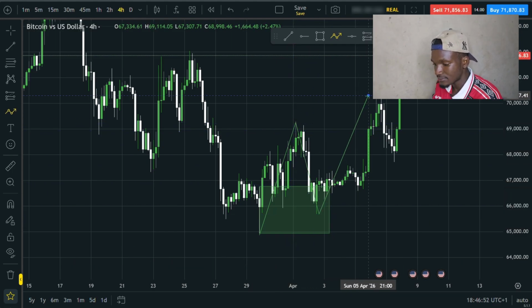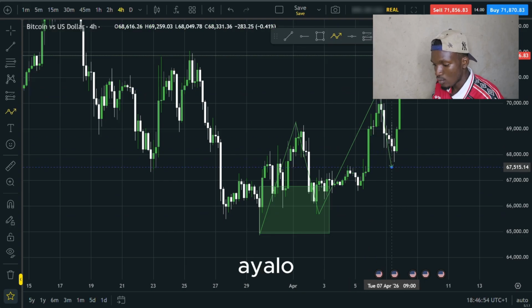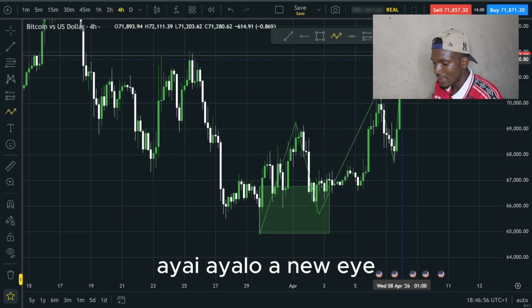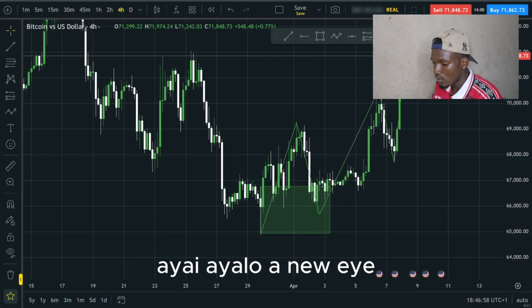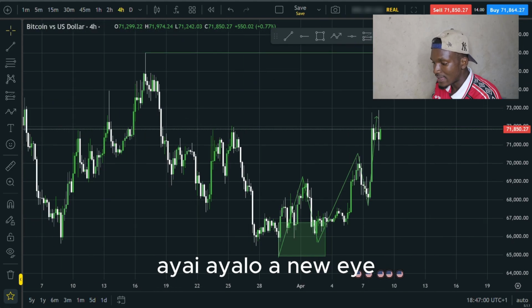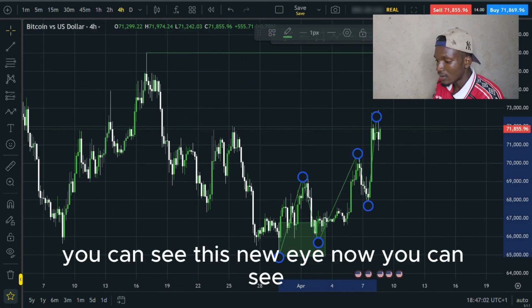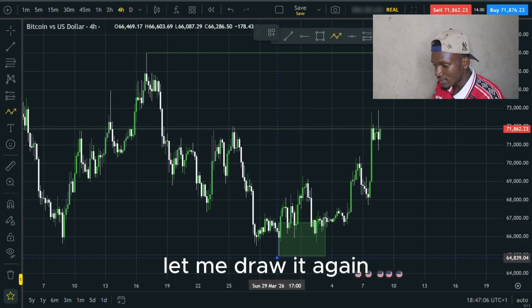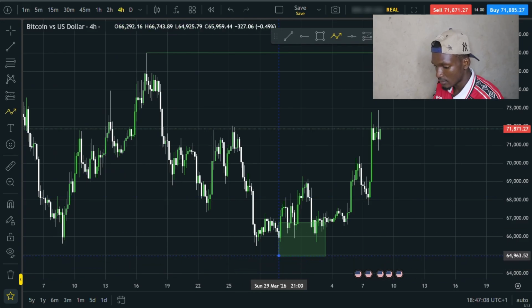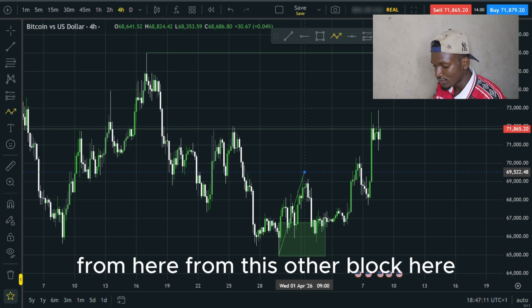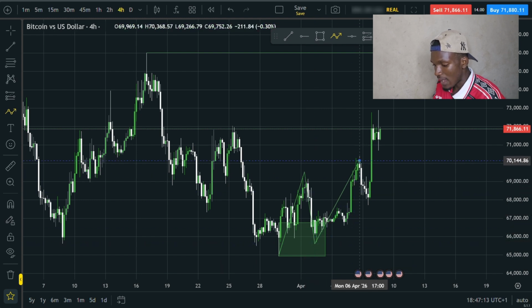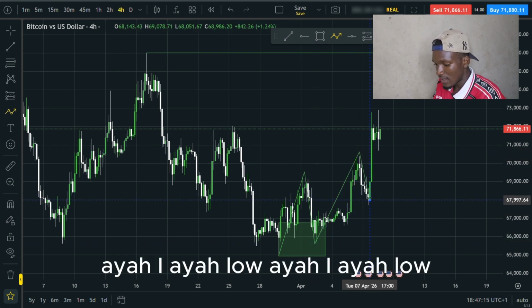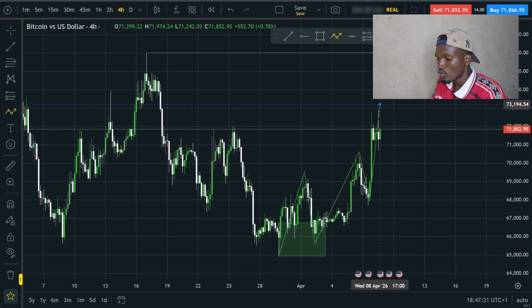Higher high, higher low, higher high, higher low, a new high. You can see this new high now. Let me draw it again. From this order block here: higher high, higher low, higher high, higher low, higher high.